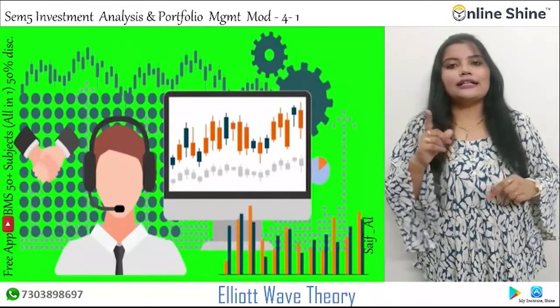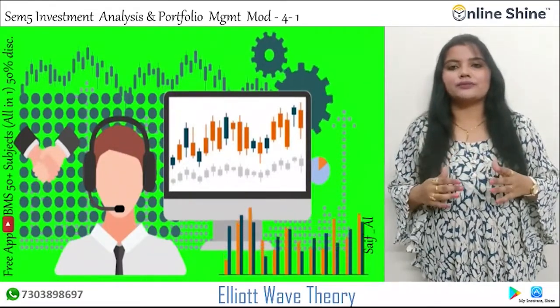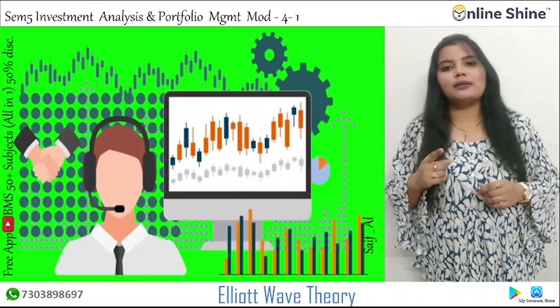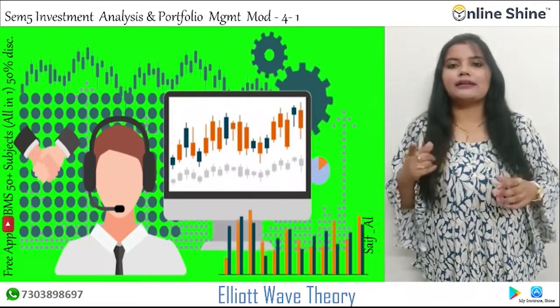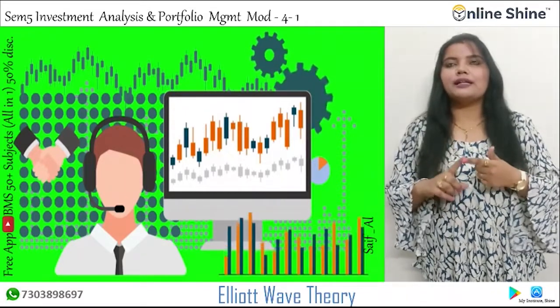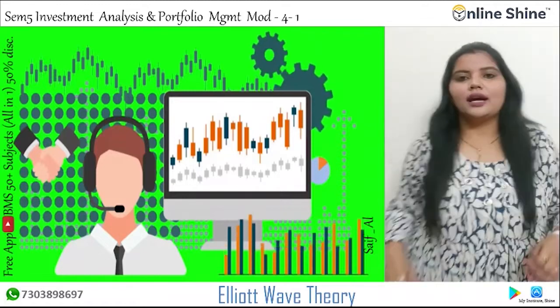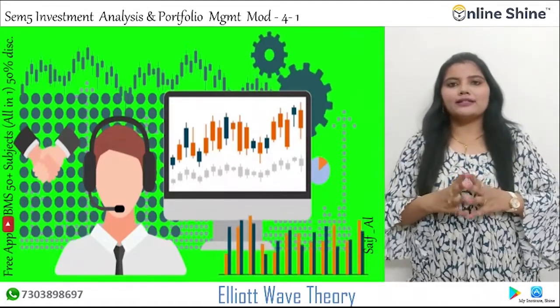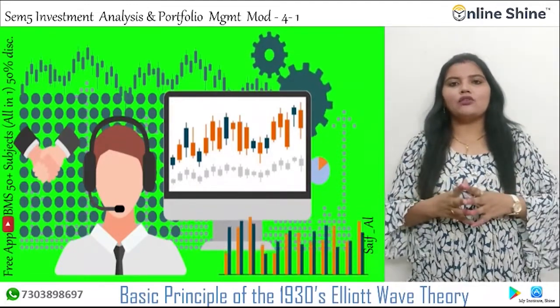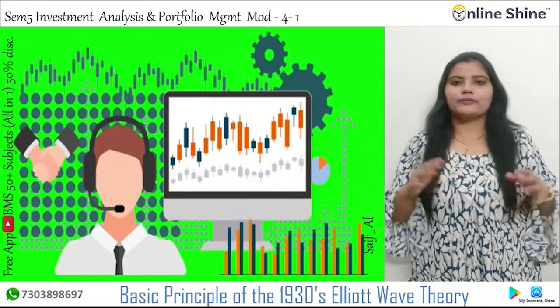But Elliott discovered the fractal nature of market action. Elliott first published his theory of the market patterns in the book titled The Wave Principle in 1938. Now, next topic is the basic principle of Elliott wave theory.